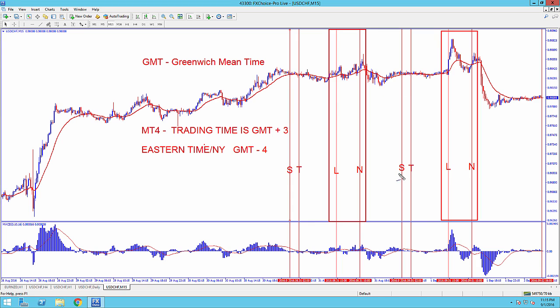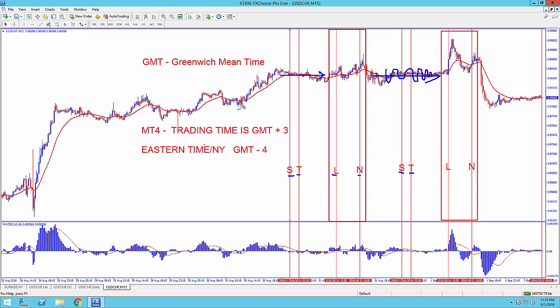Now, looking at Sydney, Tokyo, London, and New York, looking at the Sydney, Tokyo into the London session, we can see those are pretty much dead markets. Even after New York until London session, pretty much dead markets. Traders don't seem to do much within this time.